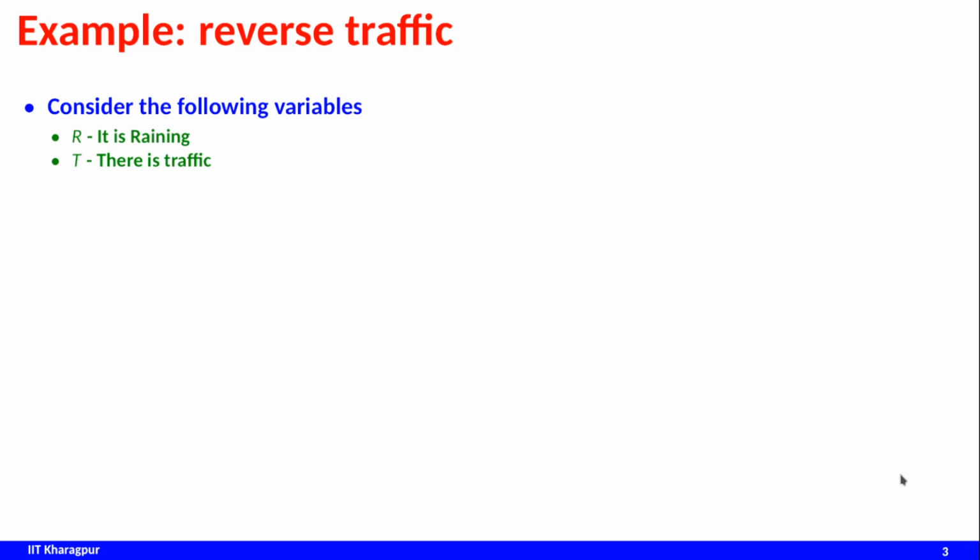Now let us consider the situation which we call reverse traffic. It is the same scenario, using the same set of variables, but we model it in this way. When I say traffic influences rain, which is unlikely, let us proceed in this manner and see what happens. The probability of traffic is 9 by 16, that is given.